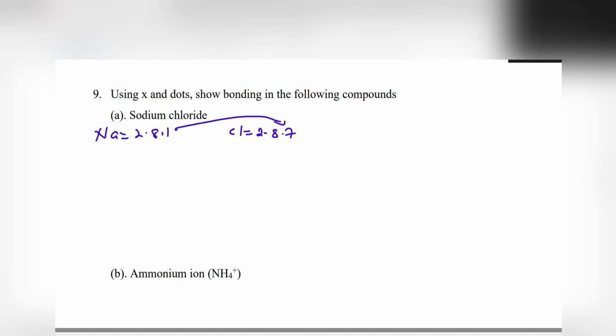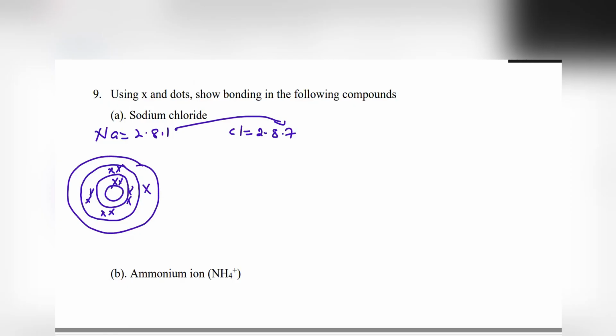So what we are going to do, we can start by drawing sodium. The structure of sodium, we have 8 electrons, then 1 electron in the outermost energy level.